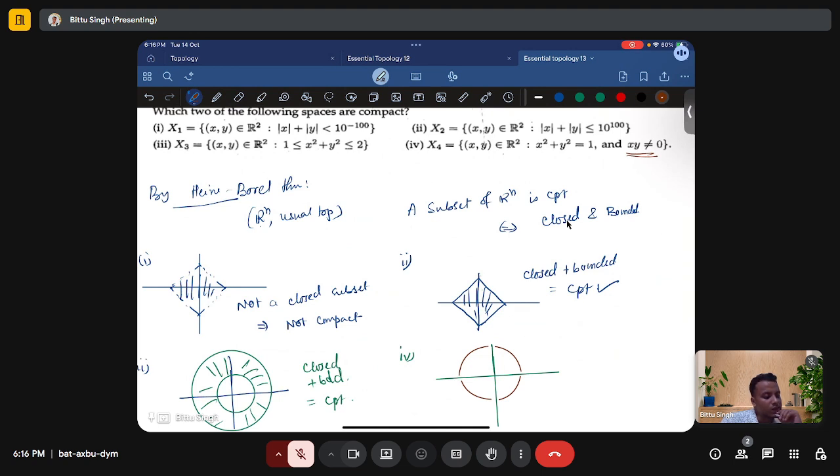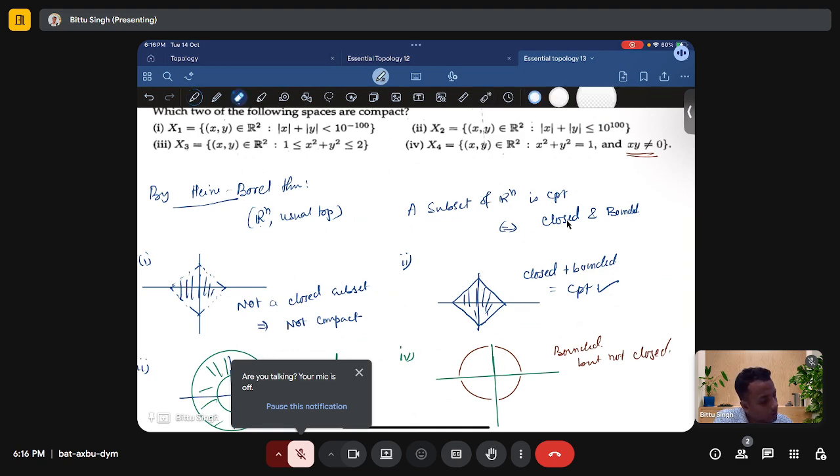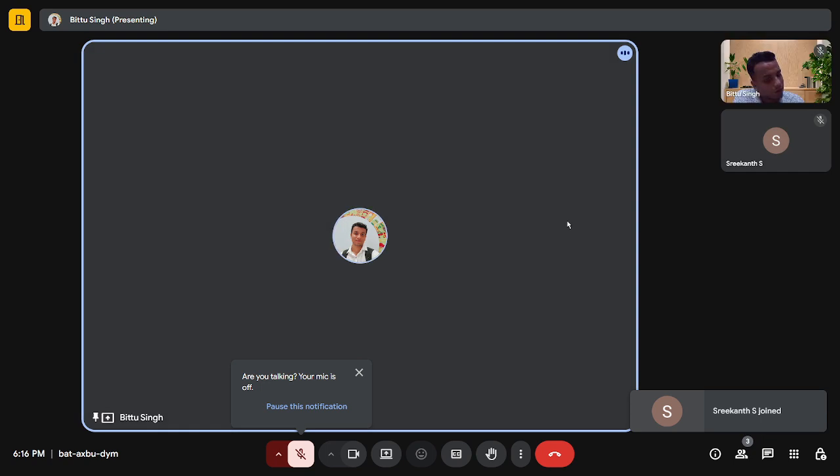Now it is clear, this is clearly bounded but not closed. Why is it not closed?